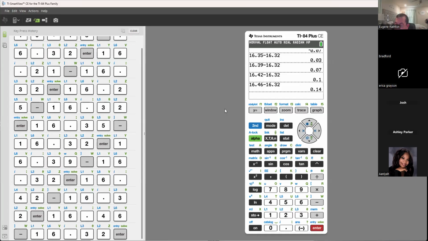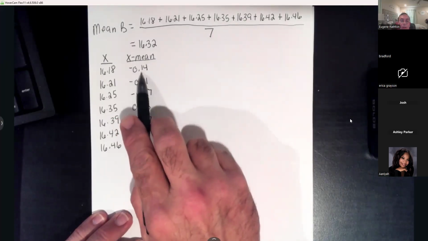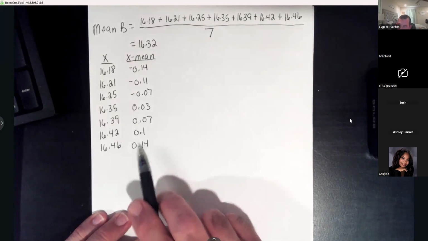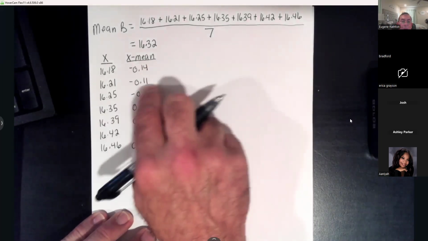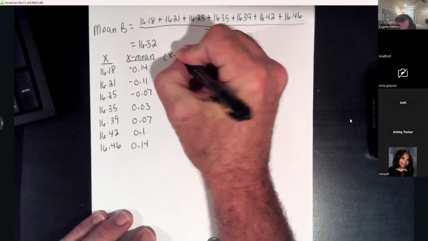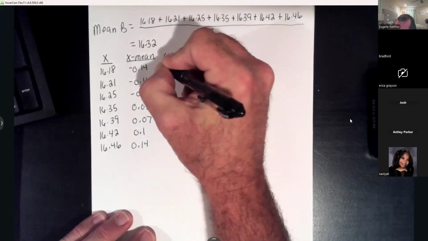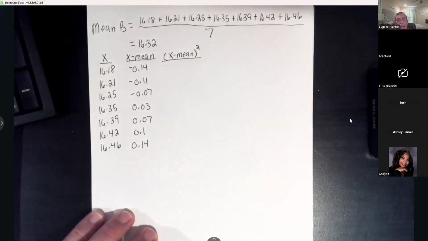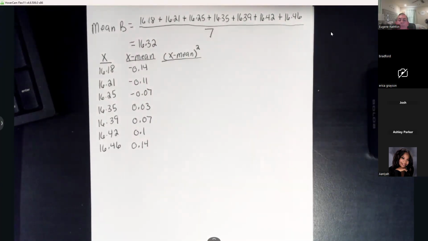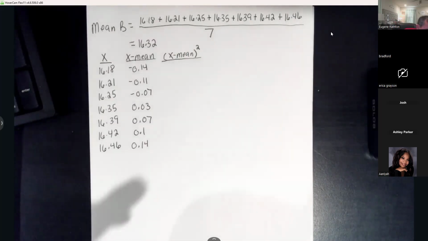Alrighty, so I took each x, subtracted the mean of 16.32, and got this column. So now we got to take all of these and square them. So we're going to find our x minus our mean squared. And y'all just remember, everything has to come out positive in this column, okay?